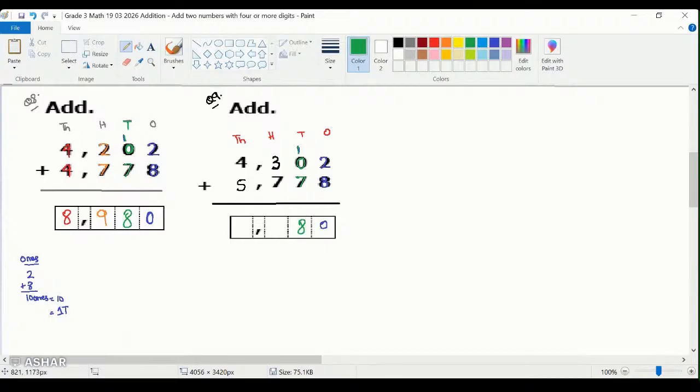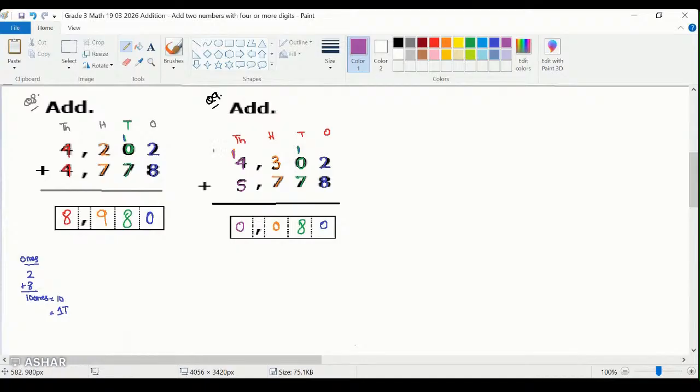Okay. How many hundreds do we have? 3 plus 7 is 10 hundreds. That means 1,000. 1 plus 4 is 5, and 5 plus 5 is 10.